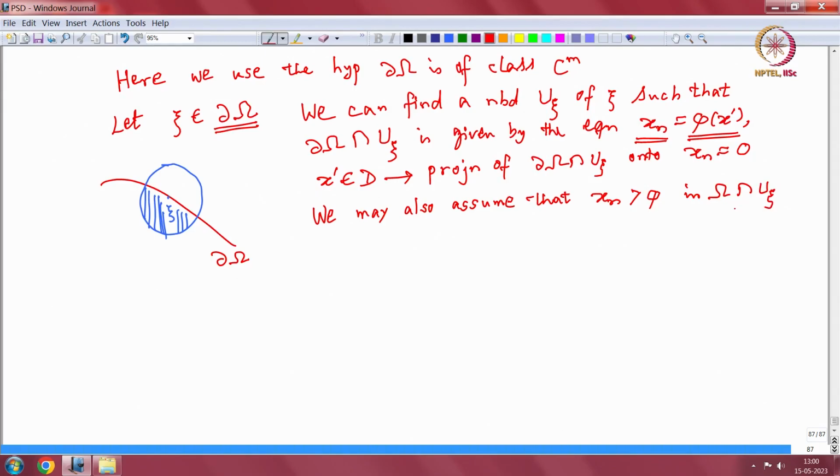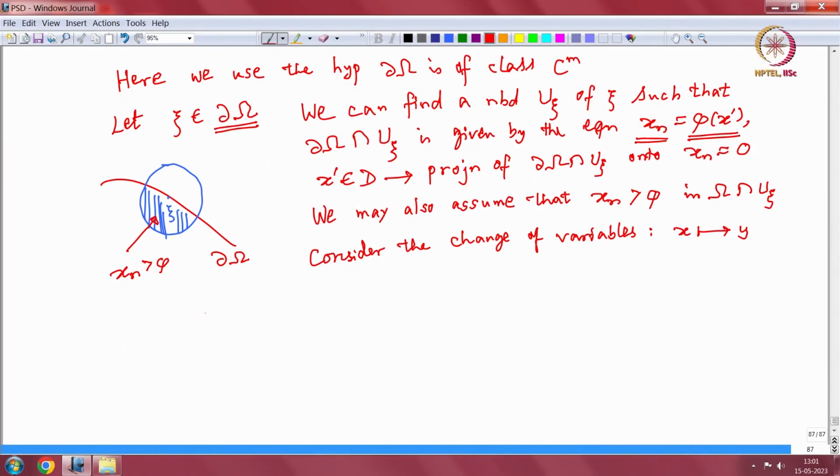Okay, so this shaded region is xn bigger than phi. Okay, and now you use a change of variables. So let me just consider the change of variables, X going to y. Again let me draw the picture.